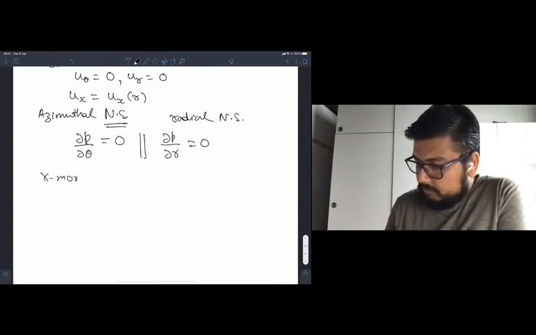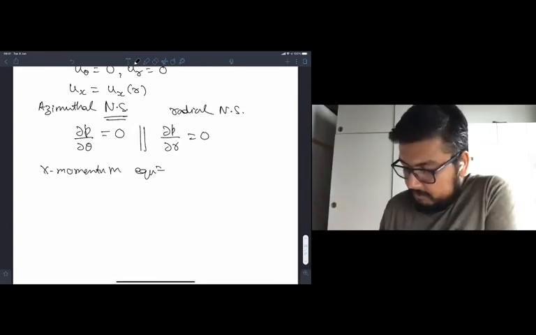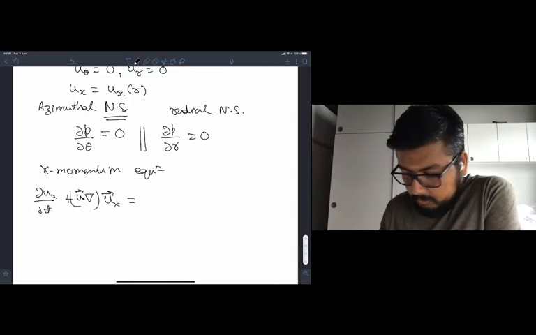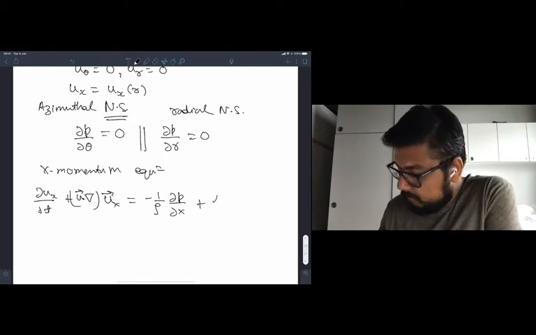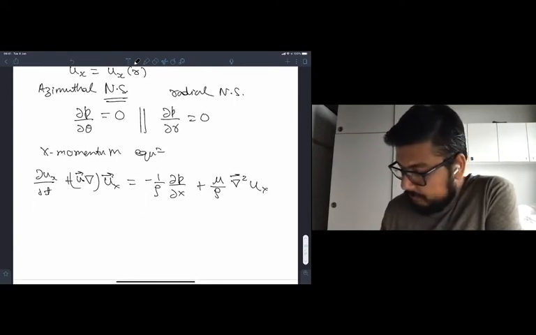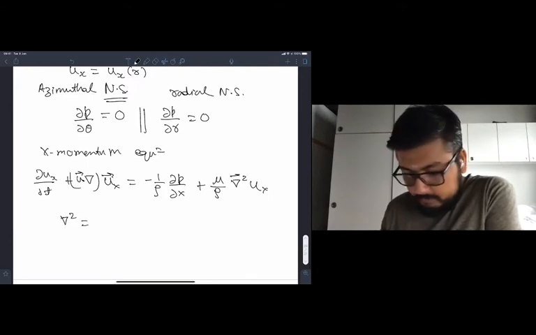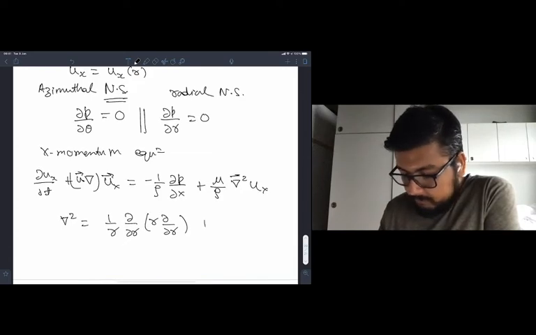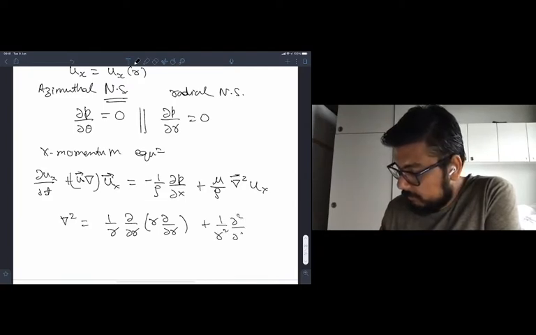And the x momentum equation is del ux by del t plus this guy equals minus 1 by rho del p by del x plus mu by rho del square ux, where the operator del square is 1 by r del by del r of r del by del r plus 1 by r square del square by del theta square plus del square by del x square.